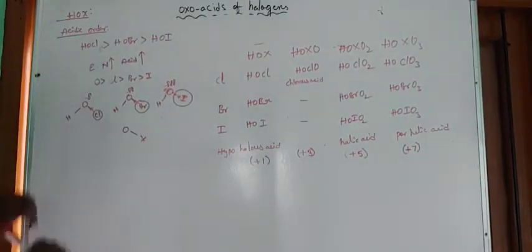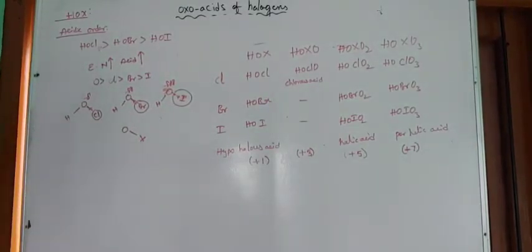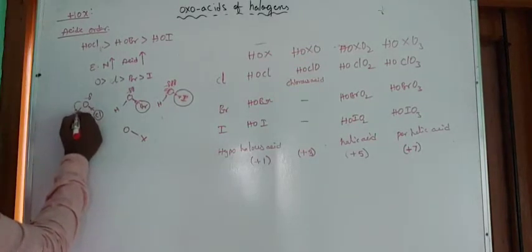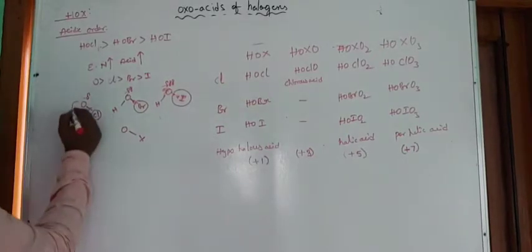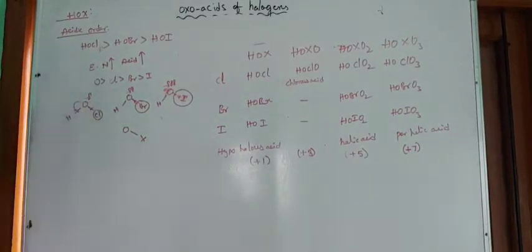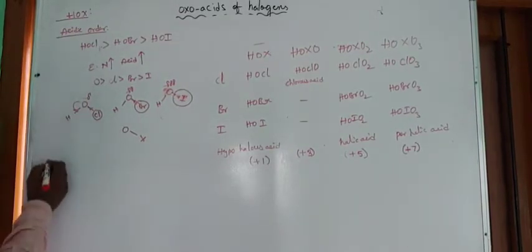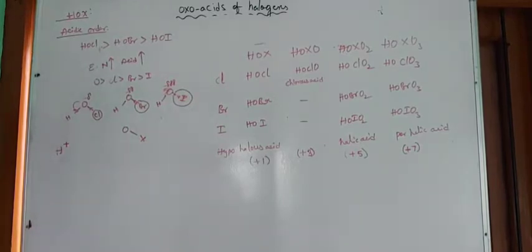Now due to the less electron density on oxygen, oxygen focuses on the bond between hydrogen and oxygen. So now this bond is also attracted by the oxygen. When this bond is attracted by the oxygen, then the removal of H plus is very easy.